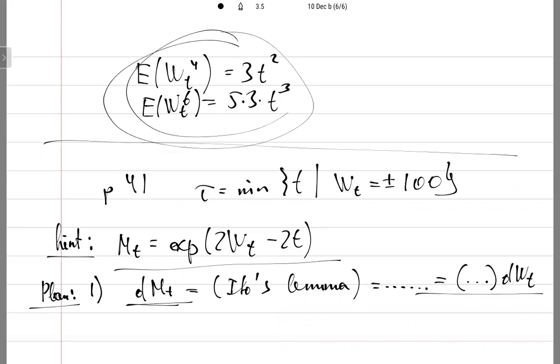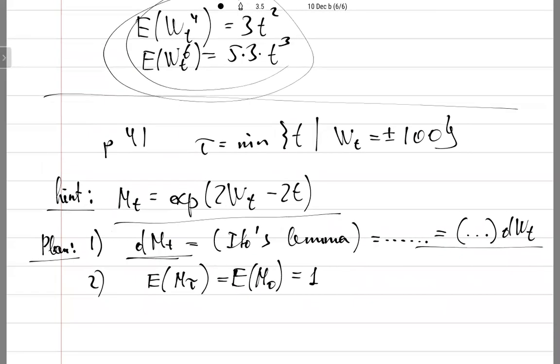First step is clear. You just calculate dM_t and boom, it contains no dt term. Is it clear? Yes. So it's a martingale. We can apply Doob's theorem. We have discussed that we need not check the technical conditions of Doob's theorem. When we apply Doob's theorem, it says that the expected value of M_tau is the expected value of M_0, which is obviously 1, because if you plug t equal to 0 in M_t, you will get 1.